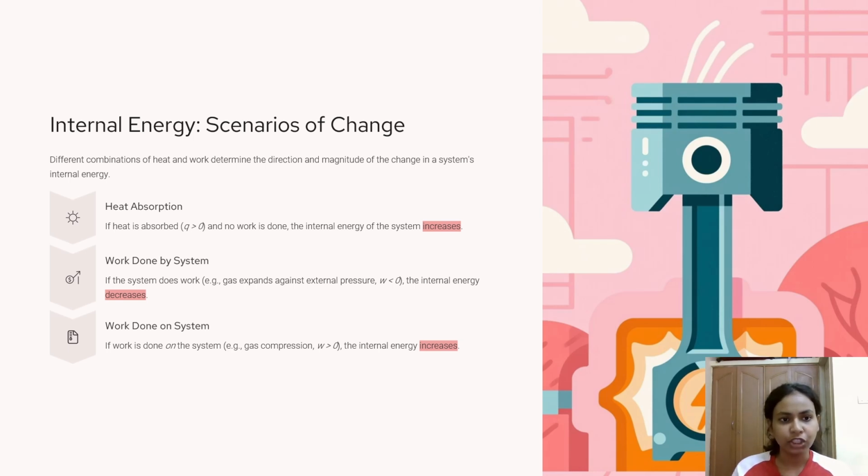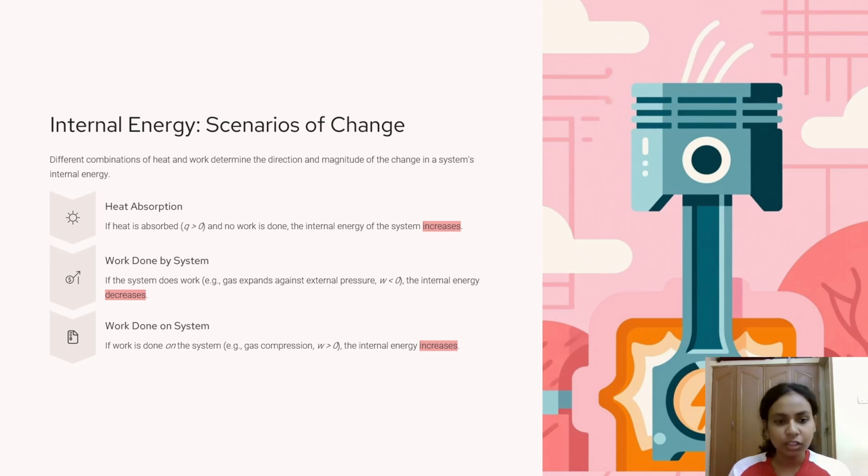Scenarios of change in internal energy. In the case of heat absorption, the internal energy tends to increase because heat is absorbed, and given that no work is done, in that case internal energy increases. Work done by the system: when work is done by the system, internal energy is said to decrease.